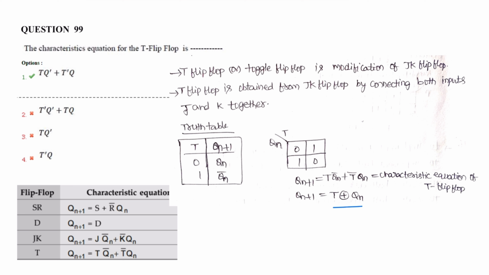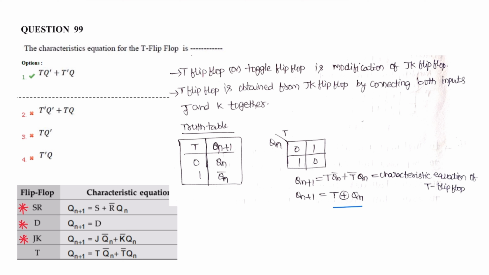Let us see the characteristic equations for other flip-flops. For SR flip-flop, Qn plus 1 is S plus R bar Qn. For D flip-flop, delay flip-flop, Qn plus 1 is the D input. For JK flip-flop, J Qn bar plus K bar Qn.